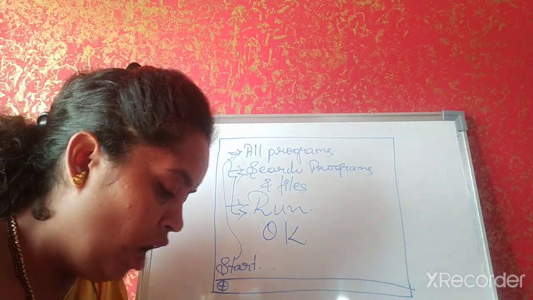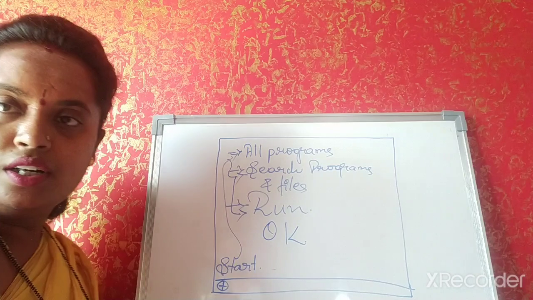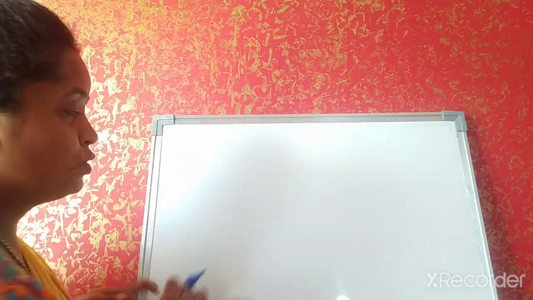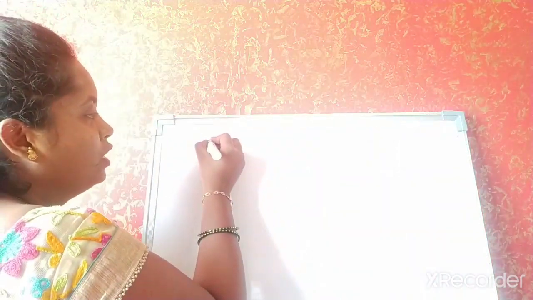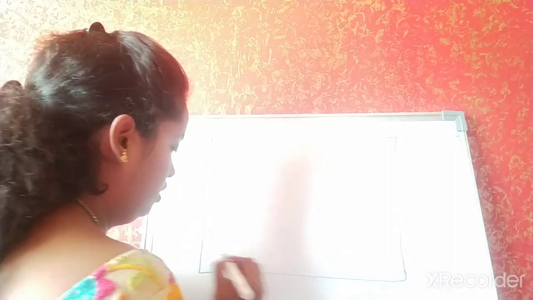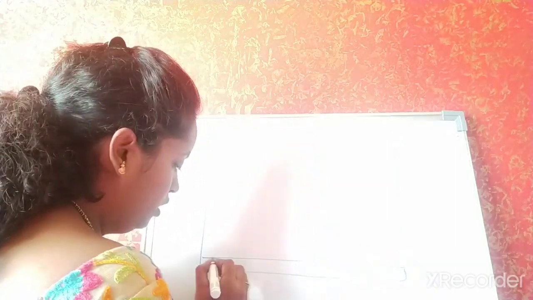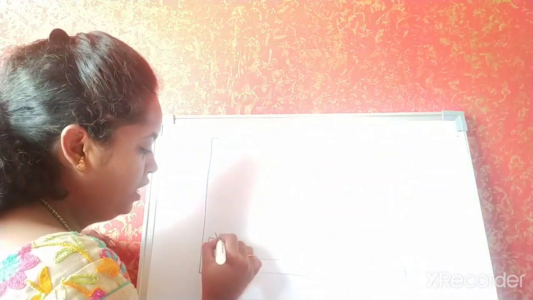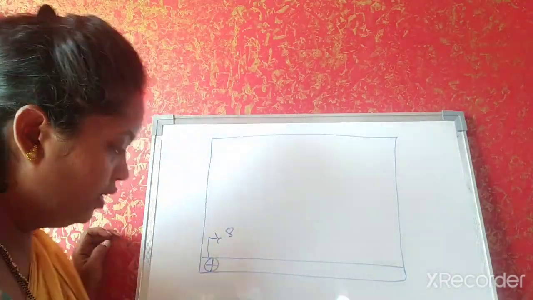Next we'll be seeing how to shut down your computer. Directly will you shut down the computer? No, you're not supposed to do that. So how to shut down the computer? Follow the points, whatever I tell. So this is the taskbar. Click on the start button.